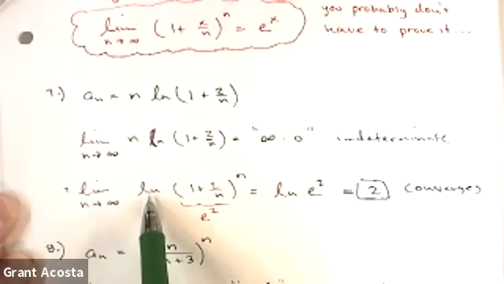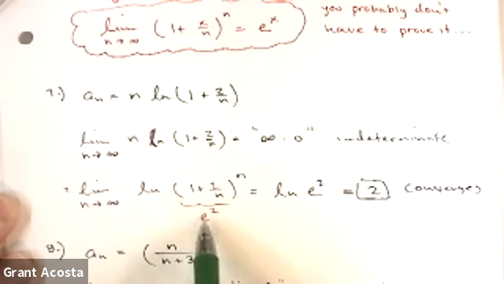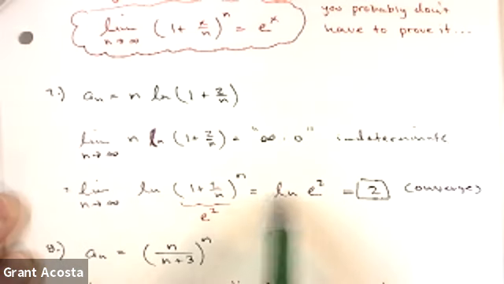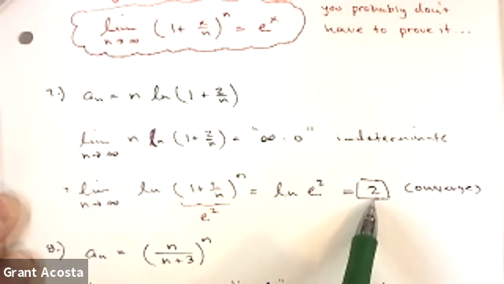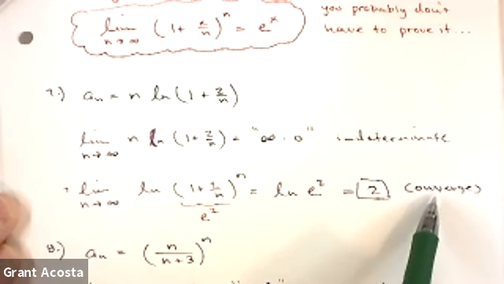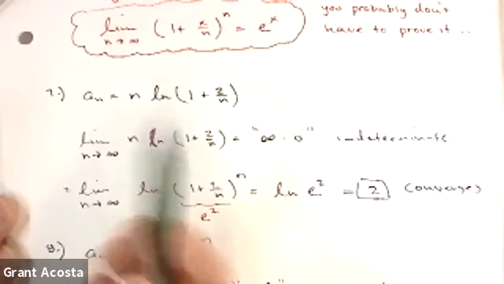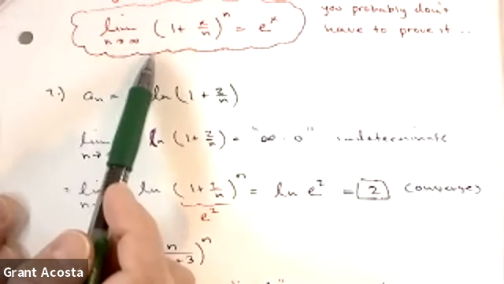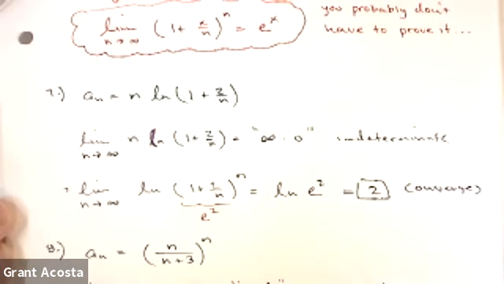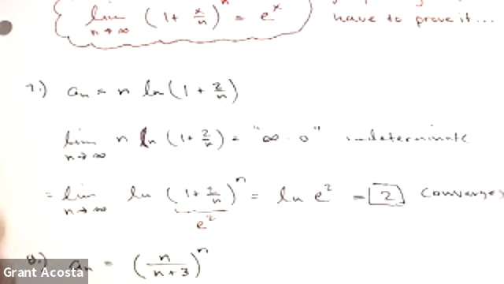So this just becomes the natural log of e^2, and those are inverse functions. It's just going to be 2. So this sequence converges. This particular limit that has e in it, there's a lot of examples in the book that involve that special limit. So you want to be on the lookout for that one.